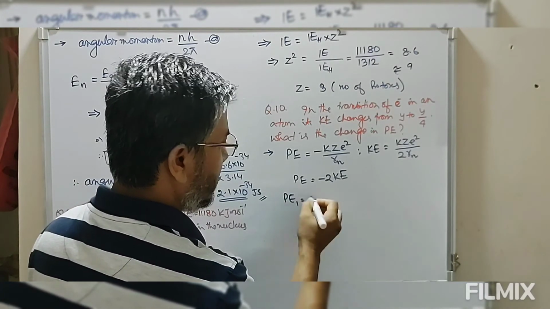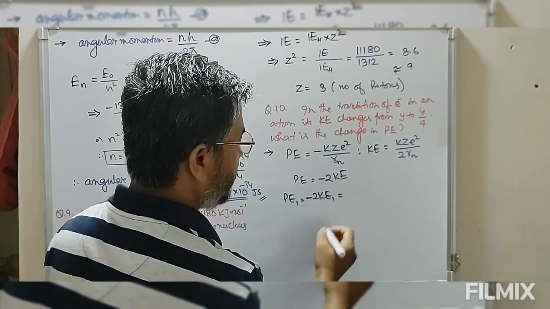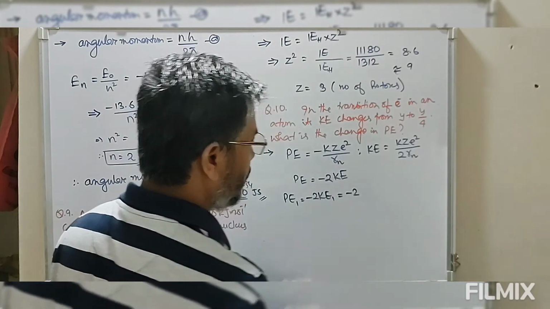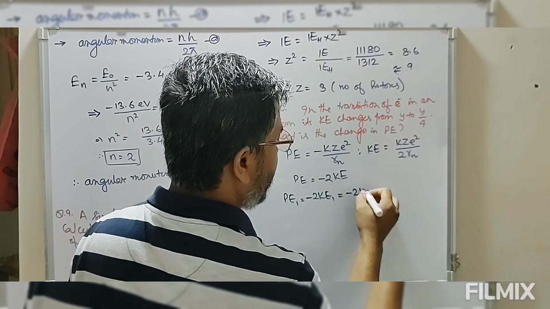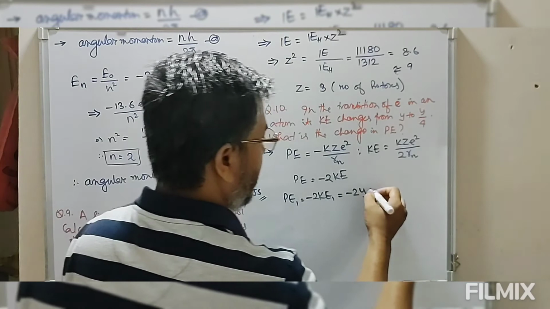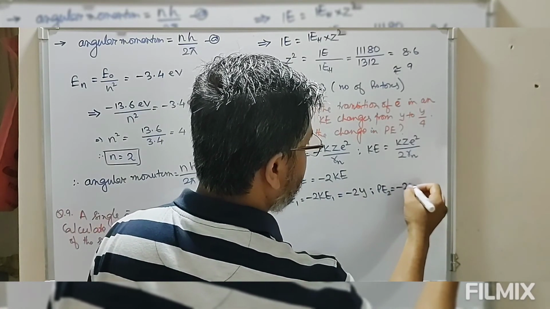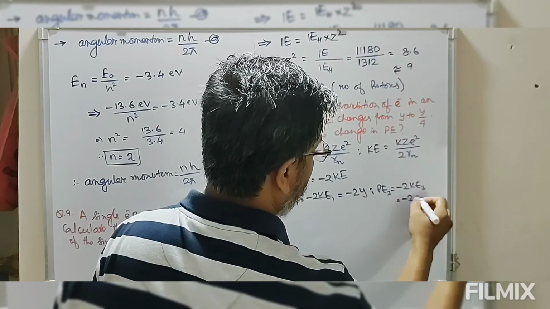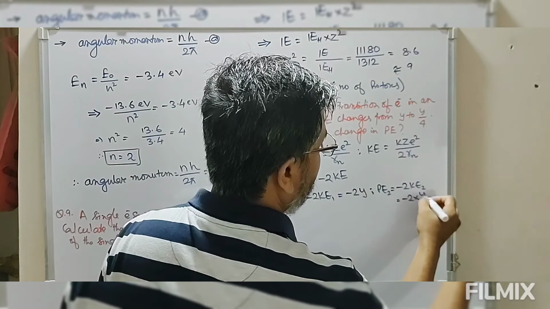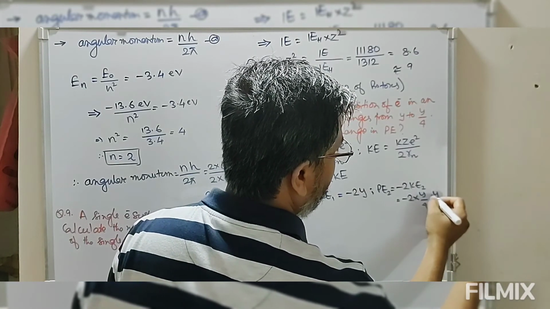Potential energy 1 is minus 2 times KE1, so this equals minus 2Y. Potential energy 2 is minus 2 times KE2, so that is minus 2 times Y by 4, which is minus Y by 2.